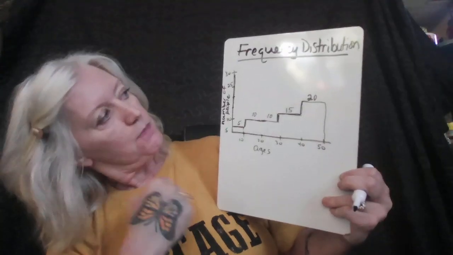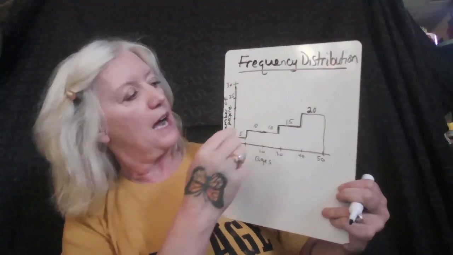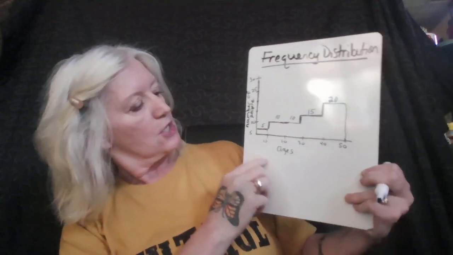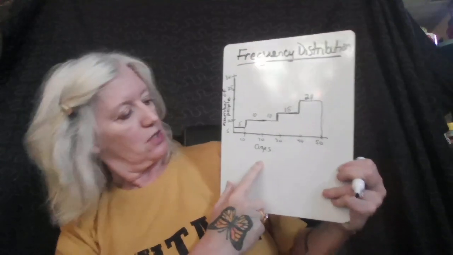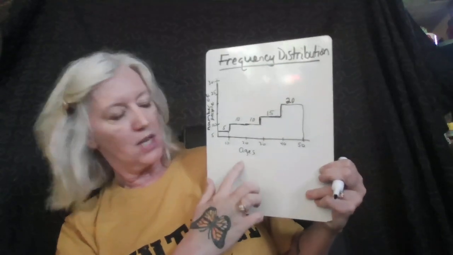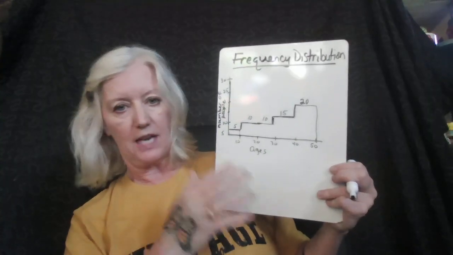So a frequency distribution means that you are recording the frequencies of how often something occurs. That means the actual count, the actual number. So I made a graph here of the number of people and their ages, and I put them into a histogram because ages are continuous, which means nobody is exactly any given age.